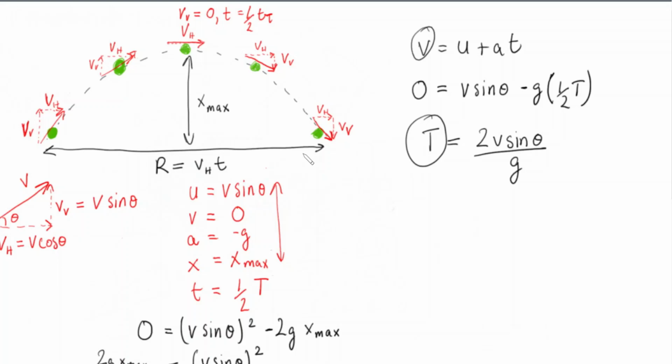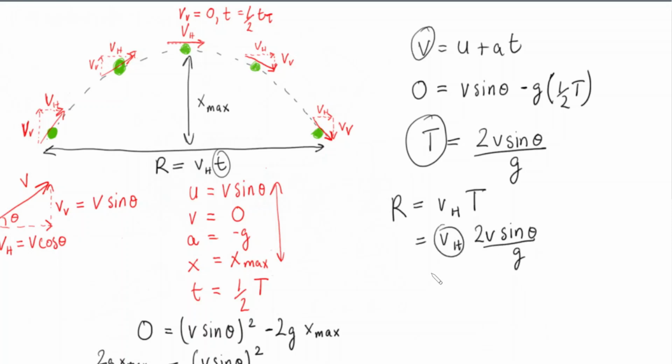What if now I want to find an expression for range such that there's no expression for t in that equation? Well, I can go R is equal to vh times total time, and I know the total time taken is equal to 2v sine theta over g, so I can say vh times 2v sine theta over g.